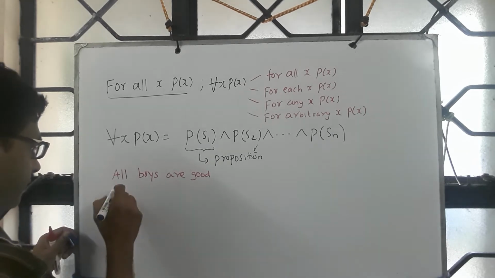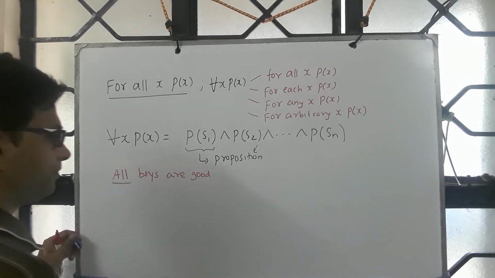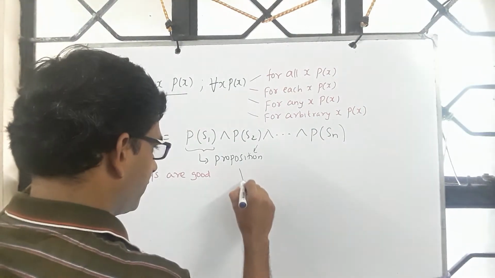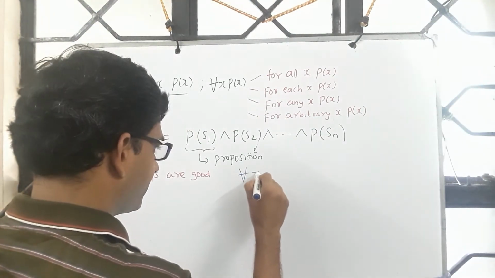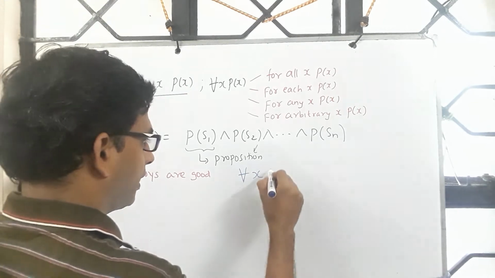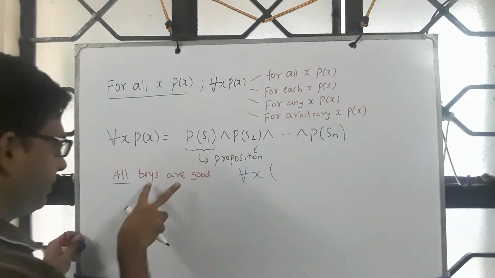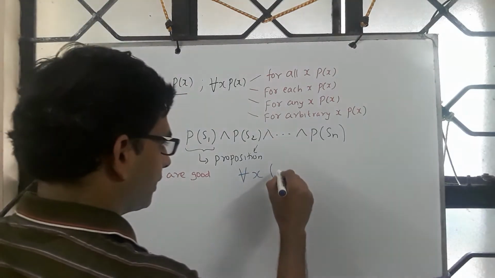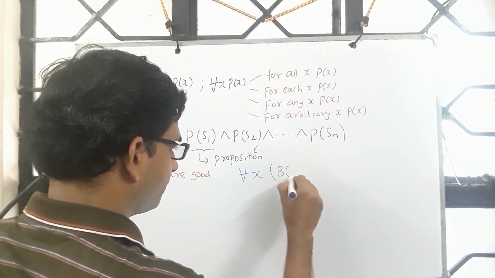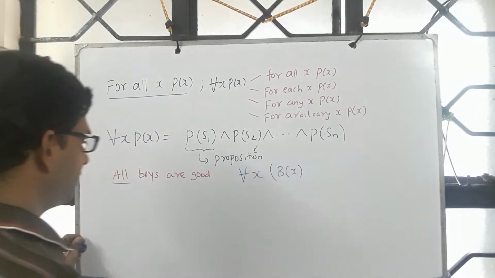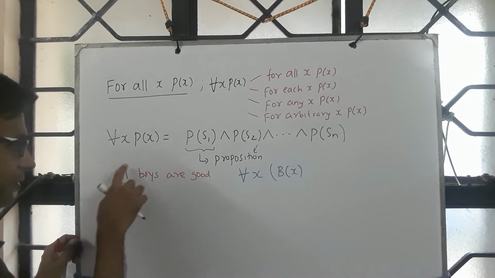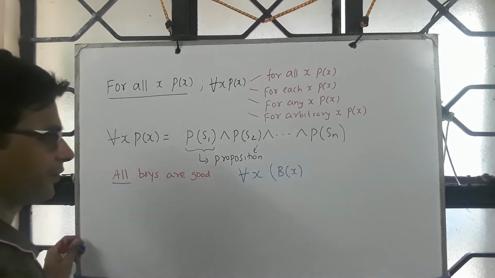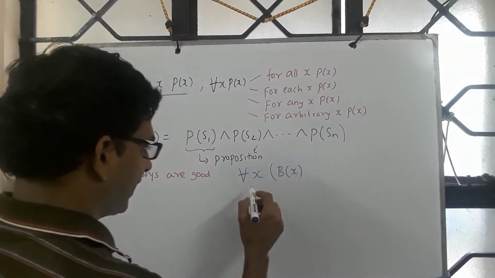So this brings all, so let me use for all x. Now this statement brings two predicates, b of x. It says each element in the universe of discourse, and where does x come from?